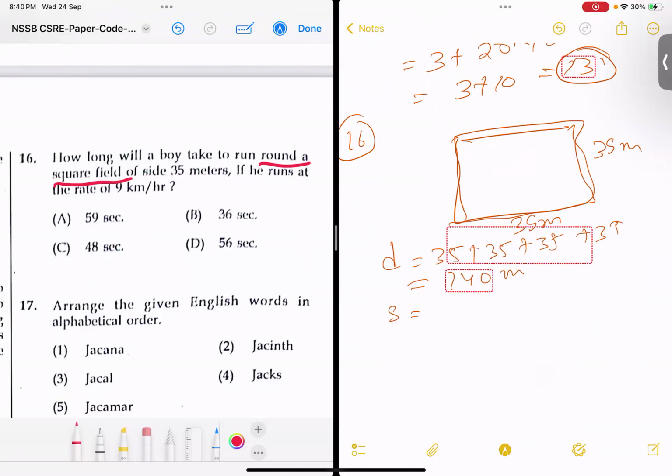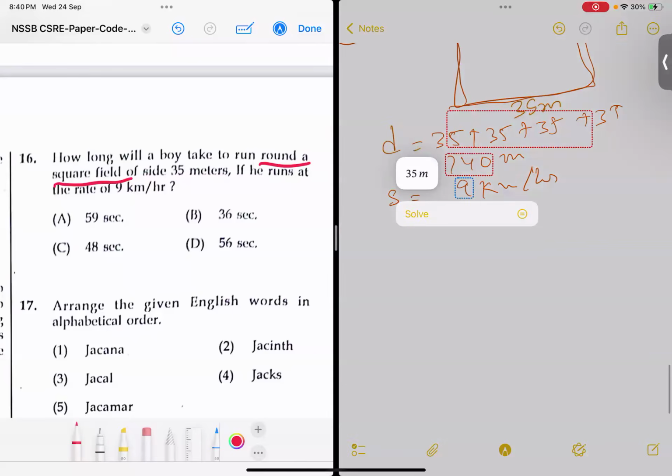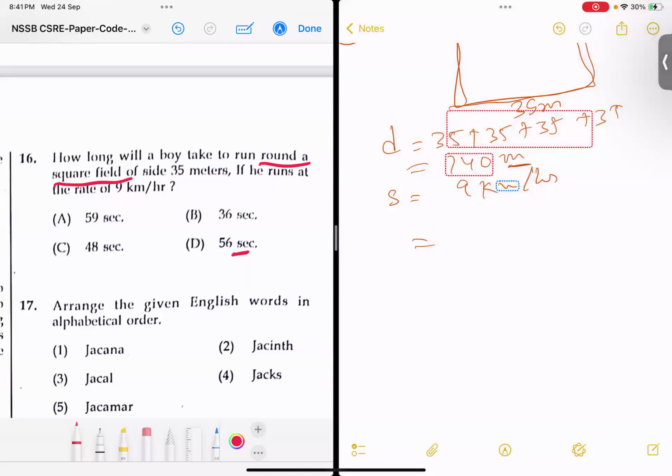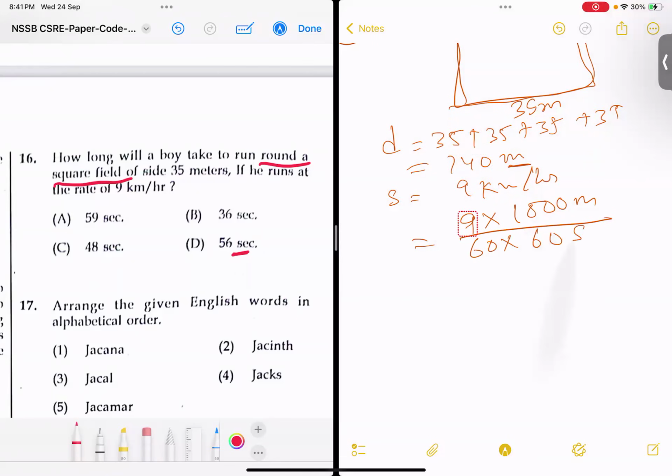Now speed is equal to 9 kilometers per hour. Let's convert this into meters per second, since the distance is in meters and the answer is given in seconds. So 9 into 1 kilometer is 1000 meters, divided by 1 hour, which is 60 into 60 seconds.